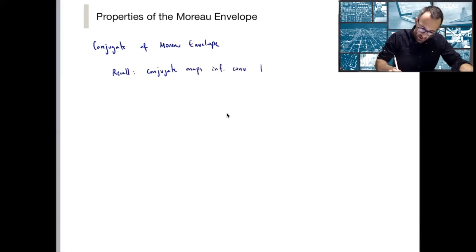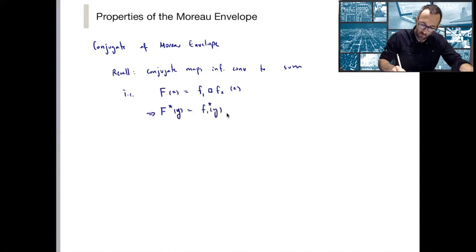Infimal convolution to a sum. In other words, if we have f equal to the infimal convolution of f1 and f2, then the Fenchel conjugate is equal to the Fenchel conjugate of f1 plus the Fenchel conjugate of f2.